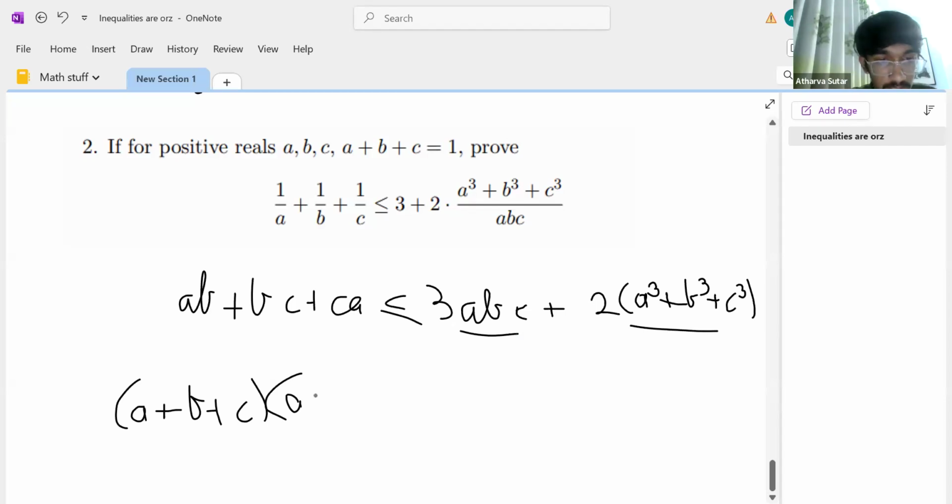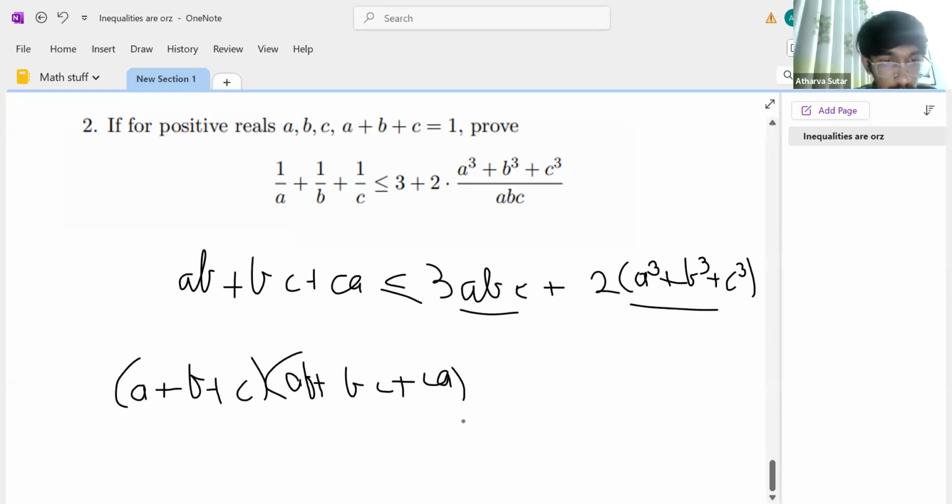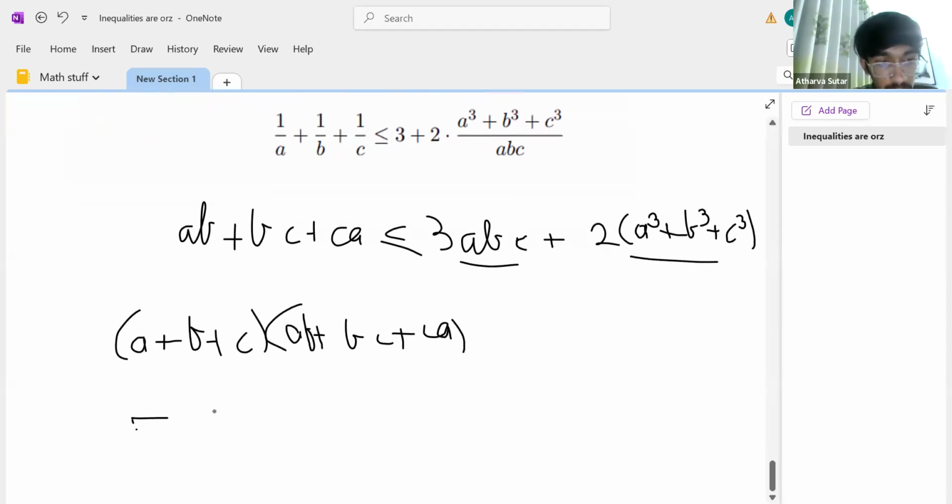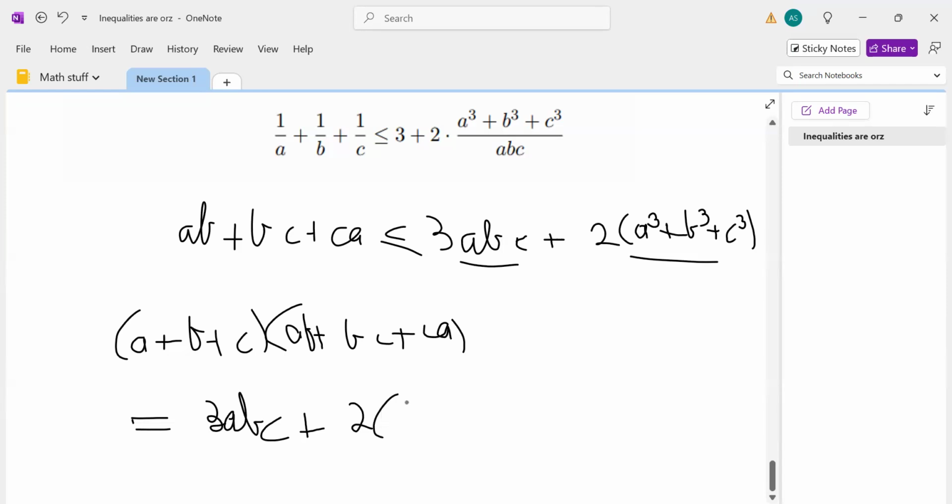So basically the ones will cancel out. This is the LHS, right? So this would expand to 3ABC plus the symmetric sum of A squared B. I'll just write that.